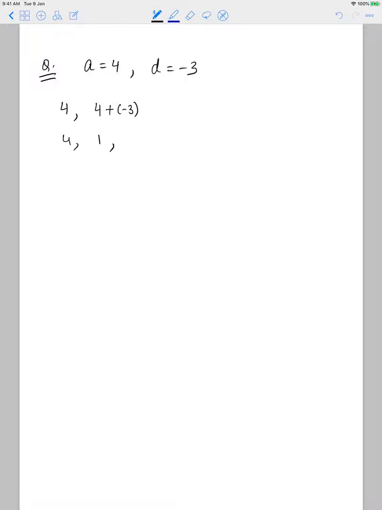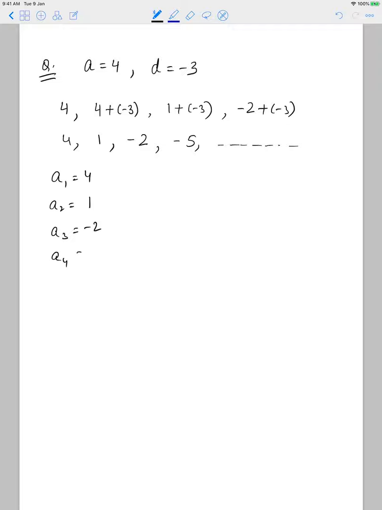Then the next term, 1 plus minus 3, will give you minus 2. Minus 2 plus minus 3 will give us minus 5, and so on. So I can say my first term is 4, second term is 1, third term is minus 2, fourth term is minus 5, and so on. So we have different terms like this.